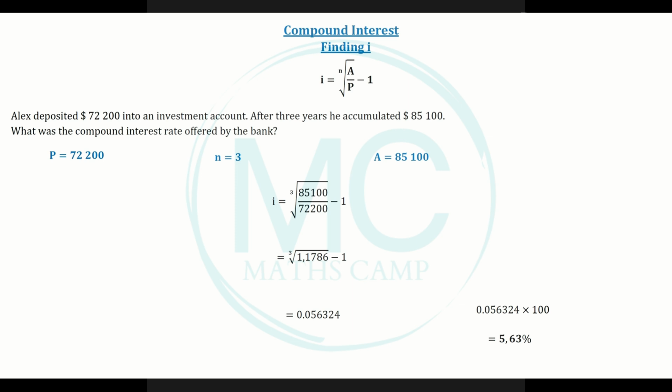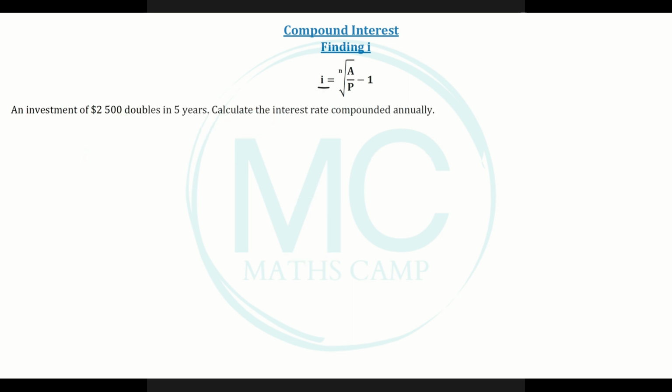Let's do one more example. An investment of $2,500 doubles in 5 years. Calculate the interest rate compounded annually. And again, we just solve for i. So let's find our A, P, and n values. $2,500 is invested. This is our principal amount. So P is equal to 2,500.